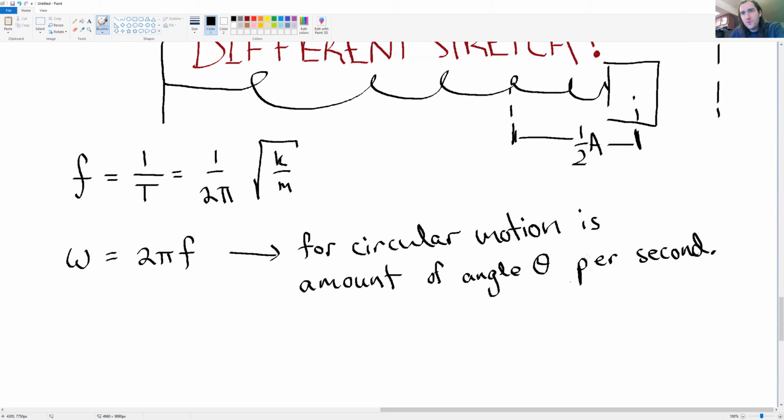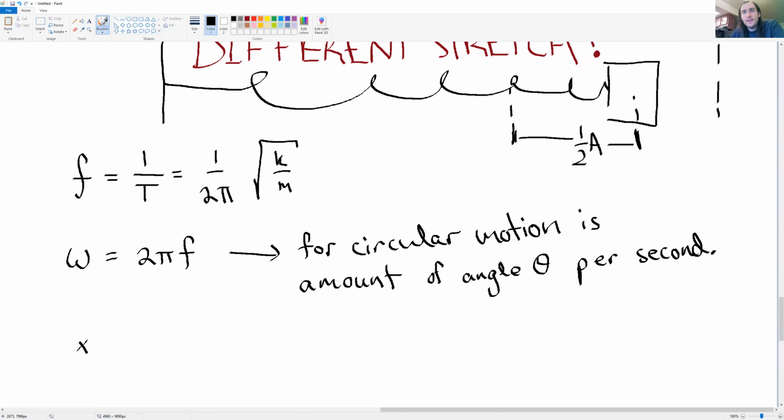So we can write down a description of an oscillating mass spring system. It's at 0, then at A, at 0, at minus A, then at 0, then at plus A again. That's a sine or a cosine, right?